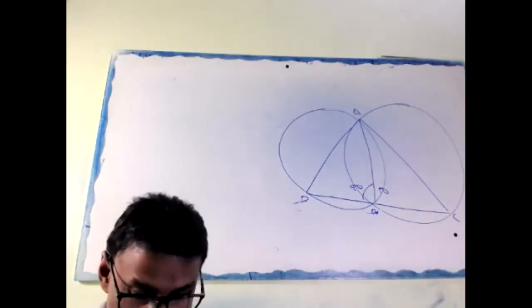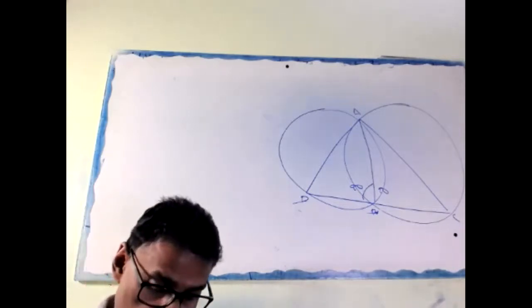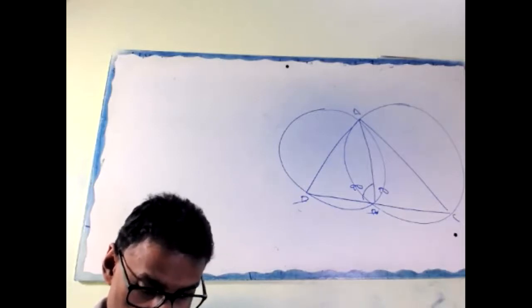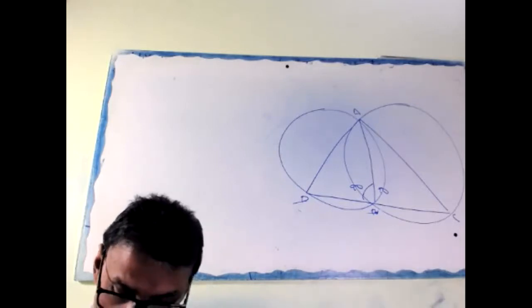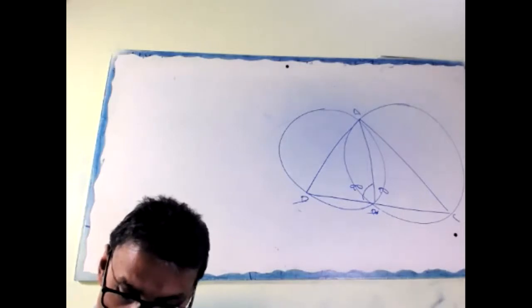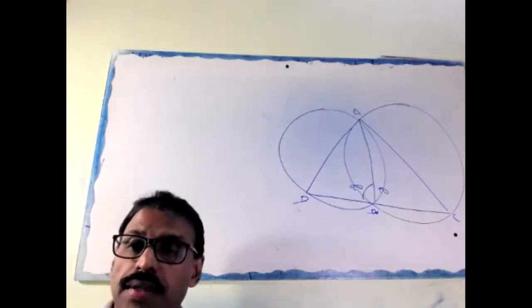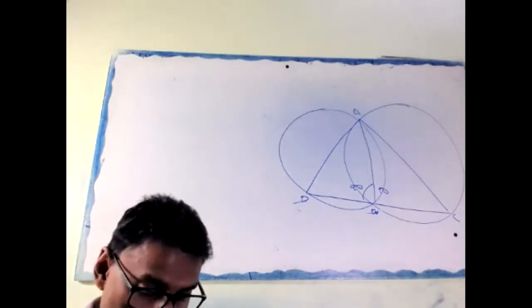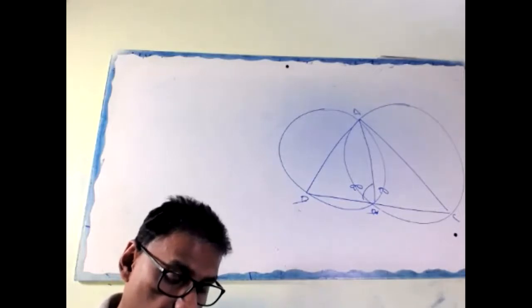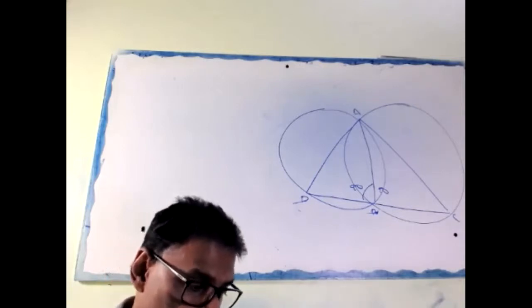Okay, so next question. The radius of a circle is 13 centimeter, and the length of one of its chords is 10 centimeter. Find the distance of the chord from the center.